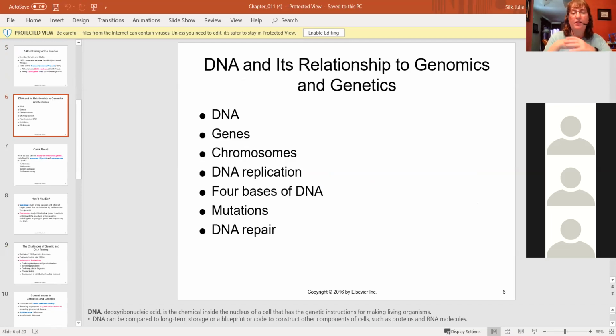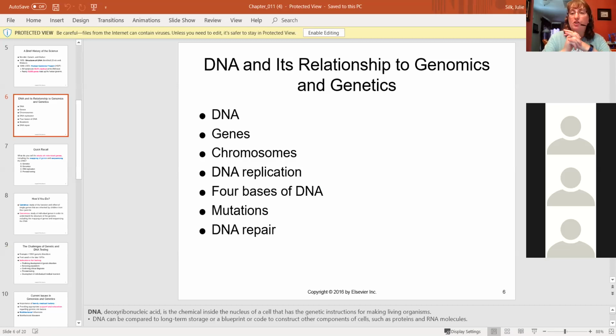Okay, this slide is just a bunch of definitions. When we talk about DNA, we're talking about deoxyribonucleic acid. It's a chemical inside the nucleus of the cell, and it has genetic instructions for making living organisms. DNA can be compared to long-term storage or a blueprint or code to construct other components of cells, such as proteins or RNA molecules.